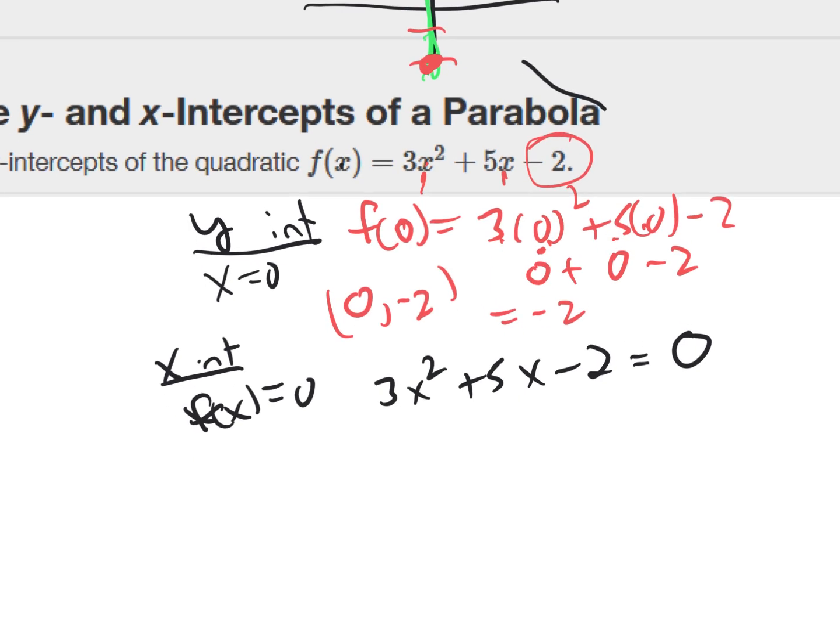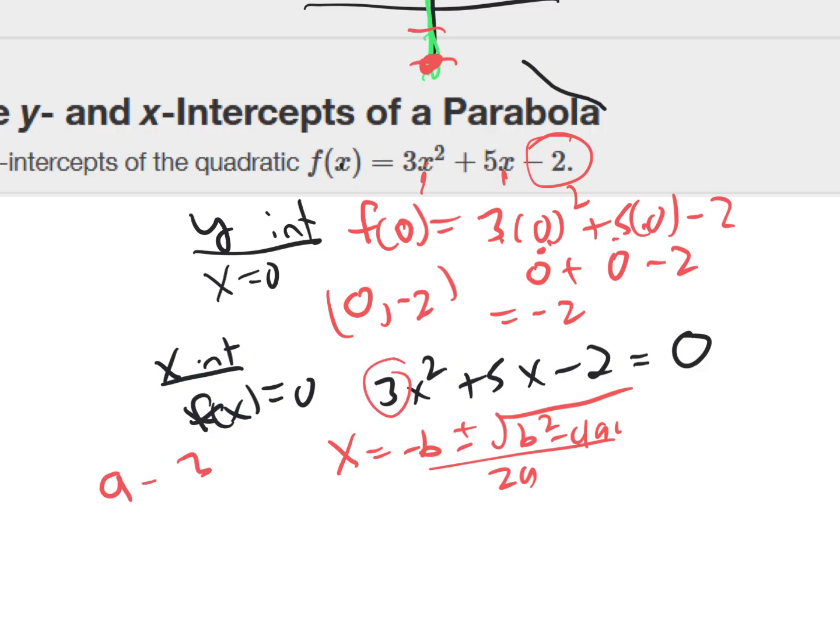And I say real quick knowing I can make a mistake. My x's will be the opposite of b, plus or minus the square root of b squared minus 4ac, all divided by 2a. Memorize it. In this problem, a is 3, b is a positive 5, c is a negative 2. And if you plug everything in carefully, you'll have the answer.